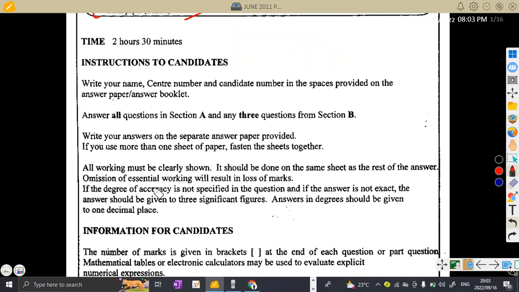Omission of essential working will result in loss of marks. If the degree of accuracy is not specified in the question, and the answer is not exact, the answer should be given to 3 significant figures. Answers in degrees, that is, when you're dealing with angles, should be given to 1 decimal place. So whenever you are dealing with an angle, your answer should be to 1 decimal place. That is the most important part, and make sure you read everything that you are given.